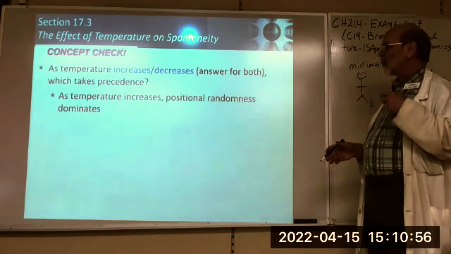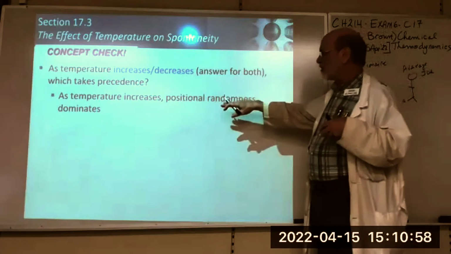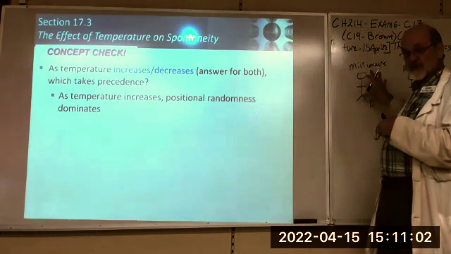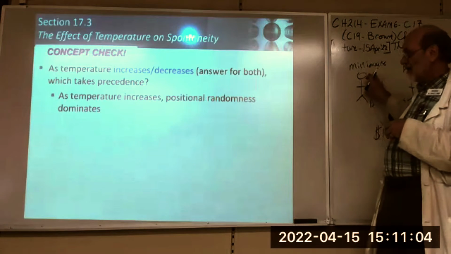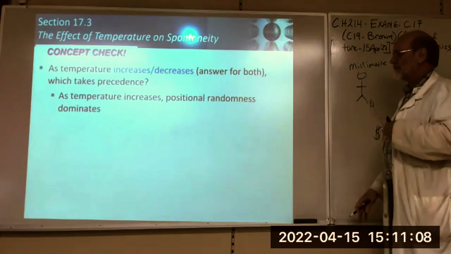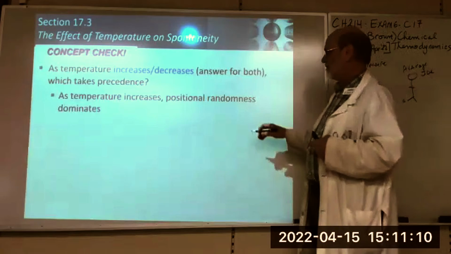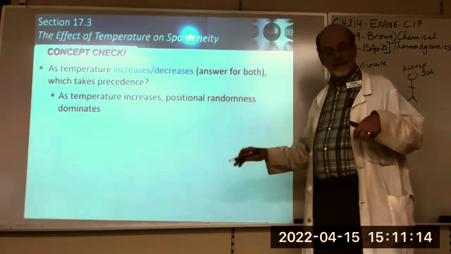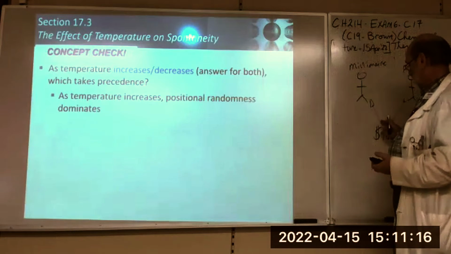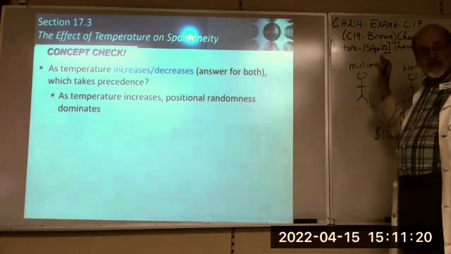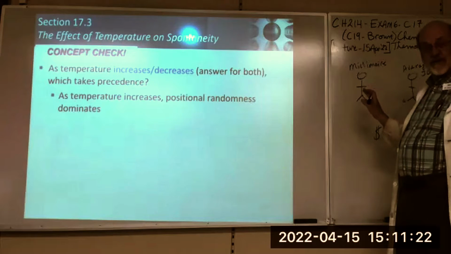So think of that in terms of if the temperature is high, what influence does energy have on the outcome? He's already got a lot of energy. If we add a little bit more energy, on a percentage basis, it makes no difference.